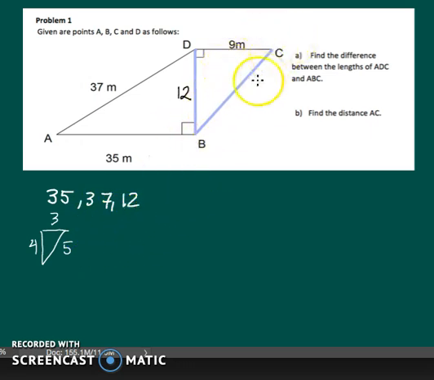So to scale this back to the bigger triangle, I'm going to multiply 5 by 3, and I will get 15 for this length here.